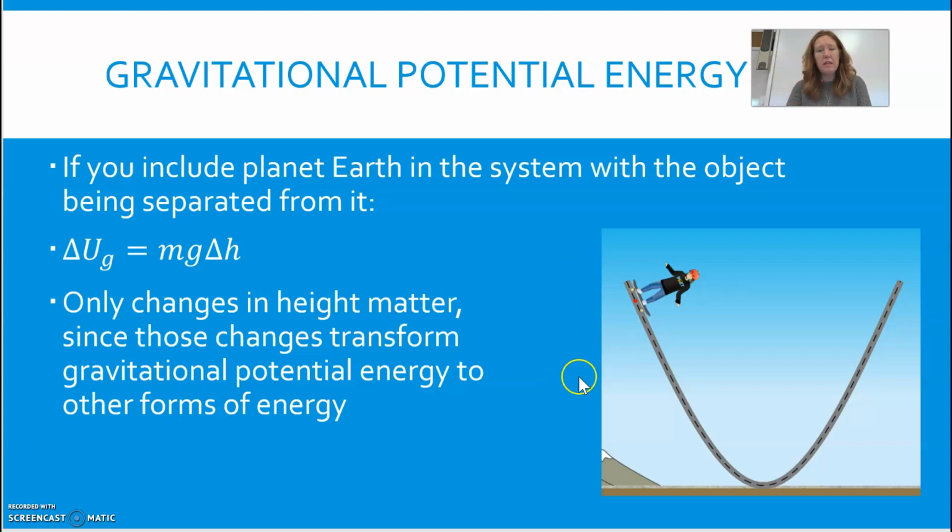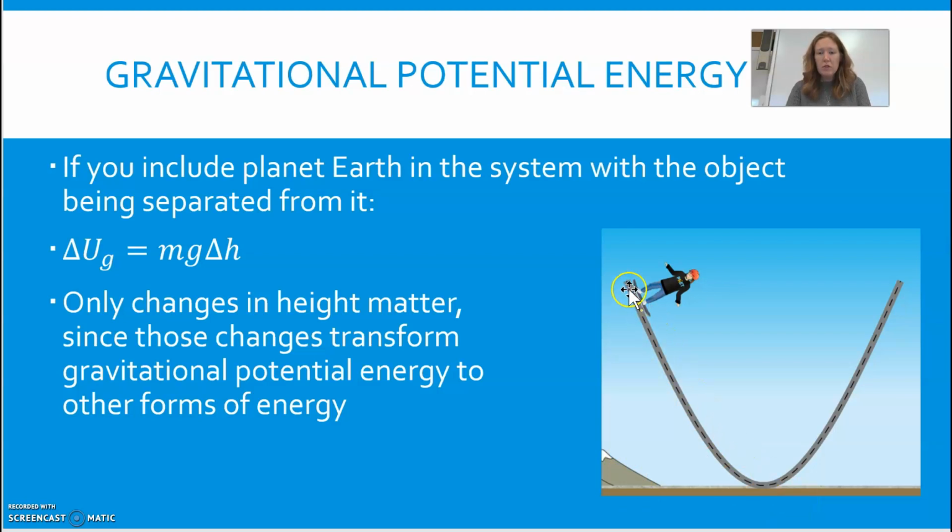And then we could explain that, if you set the person on the half pipe, I don't know how she got here, but if you set her up here, then she has gravitational potential energy because of her configuration relative to planet Earth. She is separated from planet Earth, and that force of gravity is going to want to pull her down.